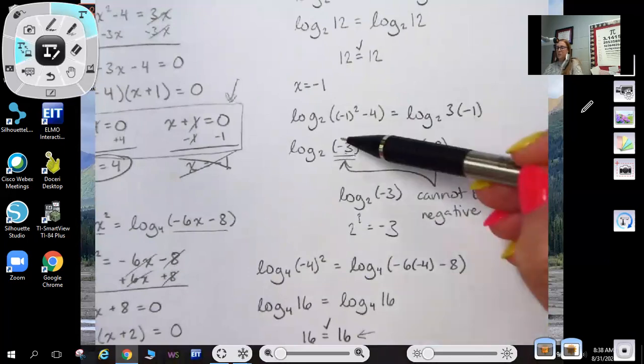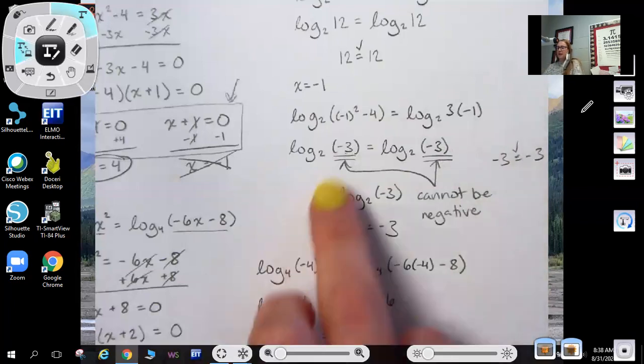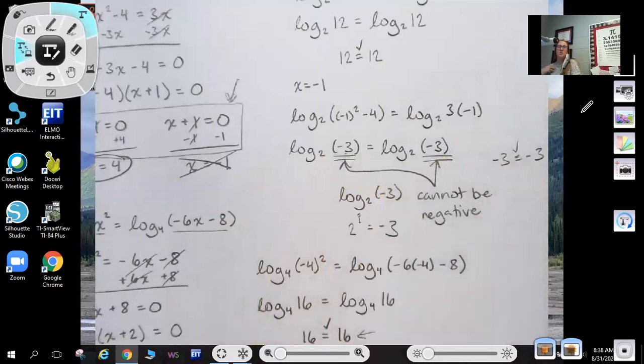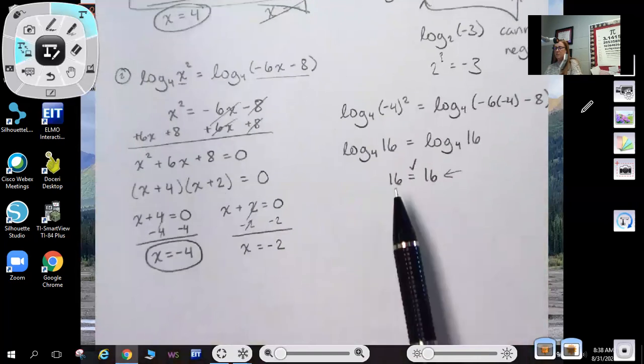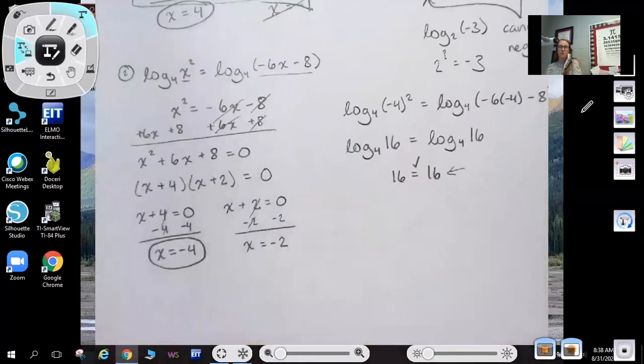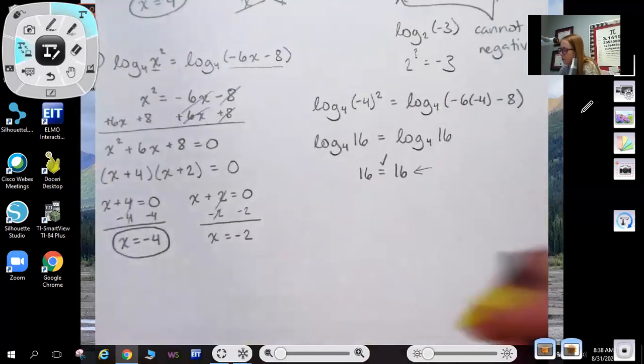Because even that one, even though it doesn't work as a solution, would have ended up with -3 equals -3, which is a true statement. But we know that because it's a negative, and you can't have a negative in a logarithm, that's what stops us from using that as a solution. Okay, just wanted to tell you that real quick.